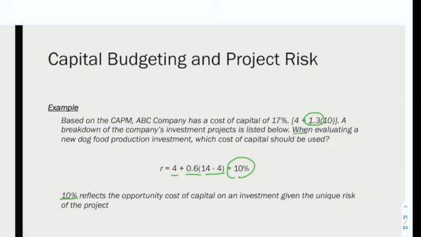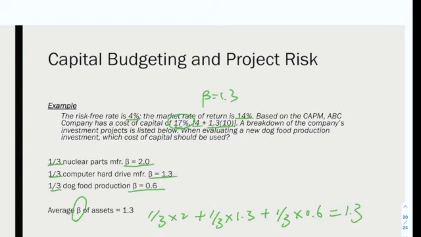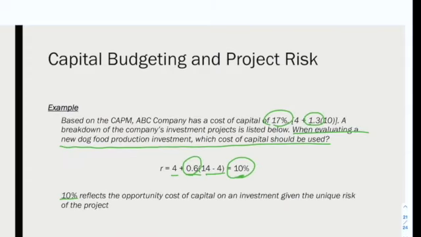But when we're evaluating a new dog food production investment, shall we be using this previous 17% or this 10%, which is using the dog food beta, the beta from the dog food production? Well, we should be using this 10% because this cost of capital reflects the risk of this new project, the dog food production investment.